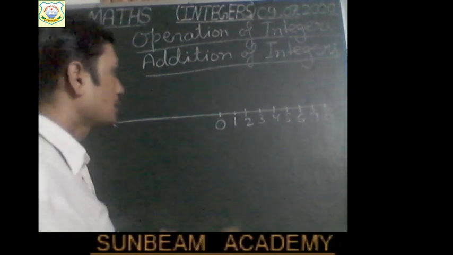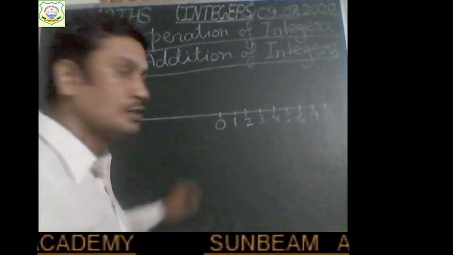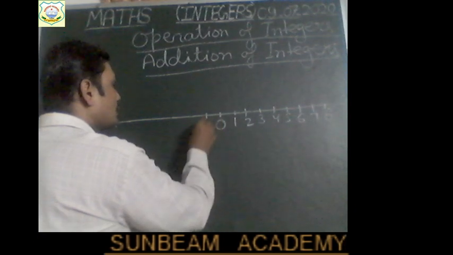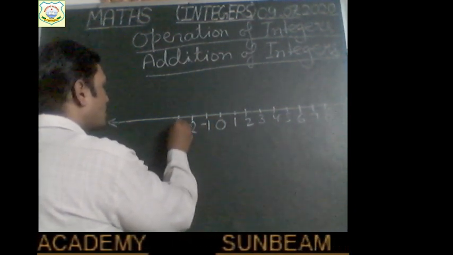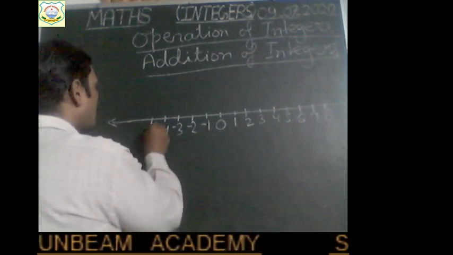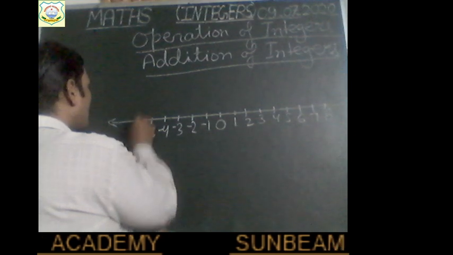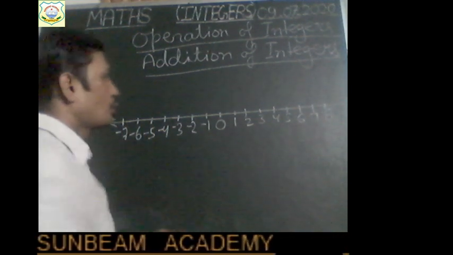Right, children? And negative integers will be on left hand side. So mark negative integers here: -1, -2, -3, -4, -5, -6, -7, and so on.